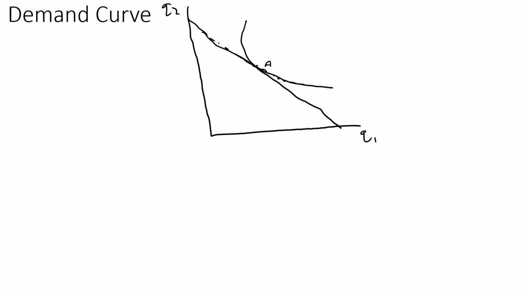When the price of Q1 increases, the curve will rotate backwards. Since the price increases, the ability of a consumer to consume is declining, as purchasing power is declining. So the next equilibrium will be at point B.